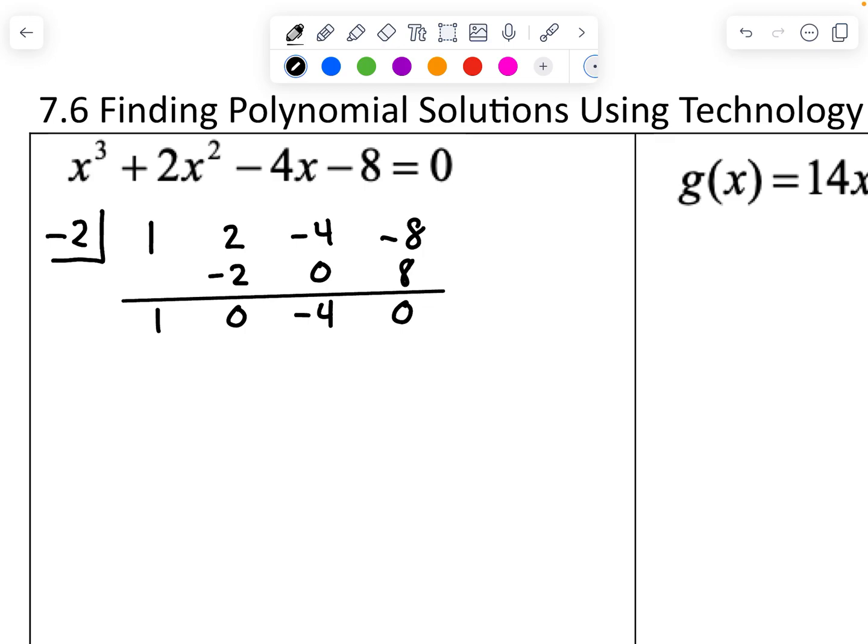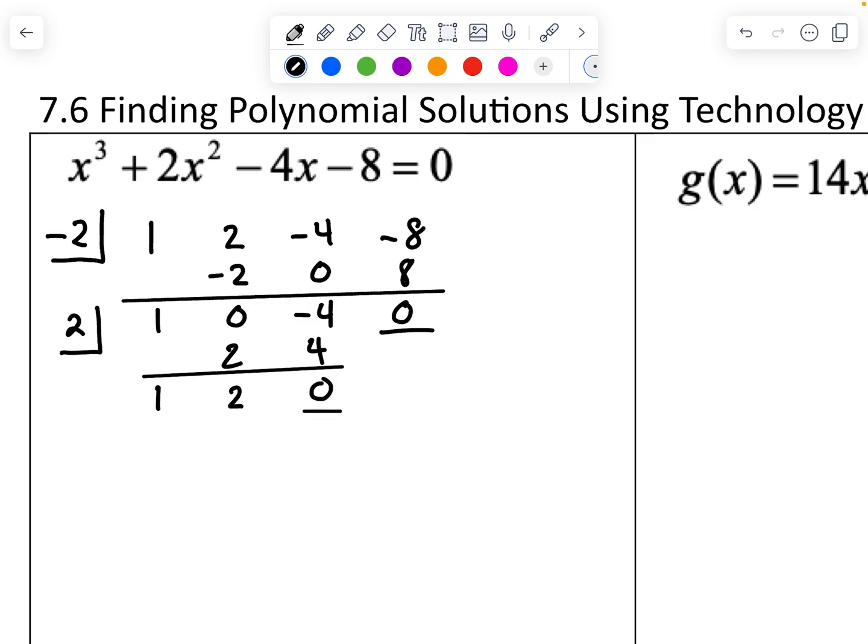Okay, so now we noticed also the graphing calculator told us that 2 was also a solution. So we're going to use 2 with these numbers that we have left over, and we don't need the remainder because it's no longer in the problem. We're going to put an equals bar right here, bring the first number straight down, and multiply, add, multiply, add, and again we got a remainder of 0.